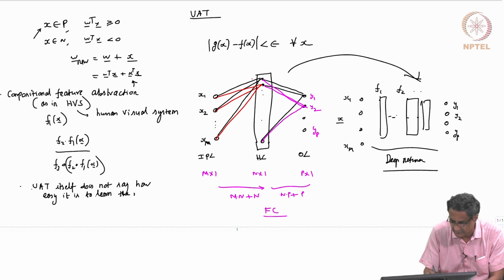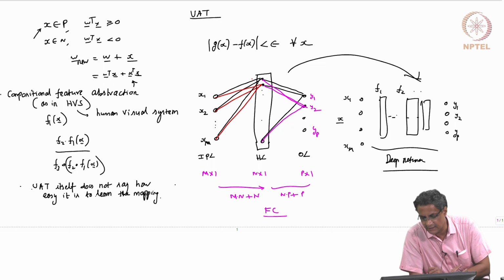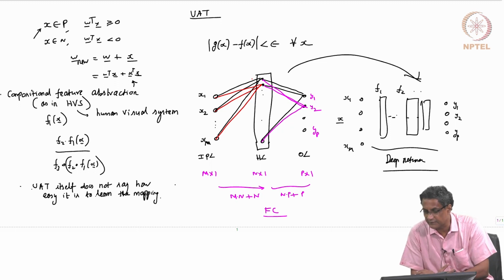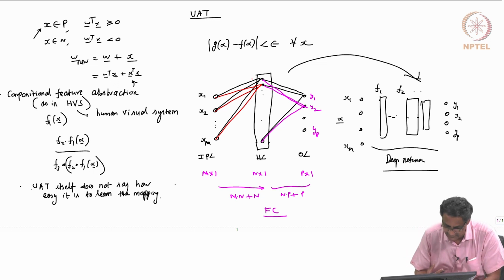It just says that, well, you can do it. But it doesn't say whether doing it with just one hidden layer is the best way to achieve it, or whether we should have multiple layers effectively achieving the same thing. Which one is easy to learn is not clear.